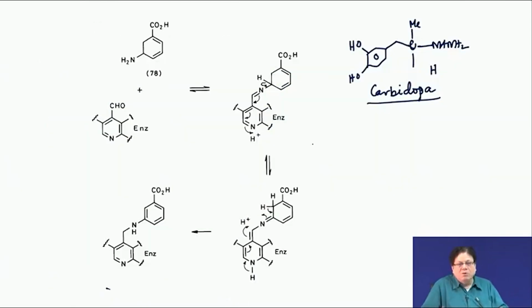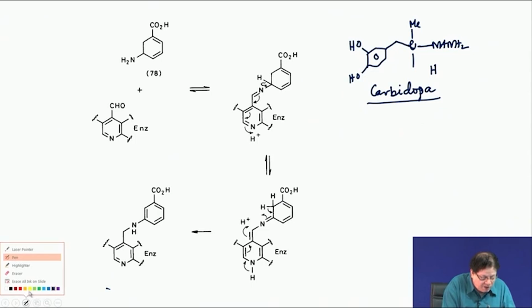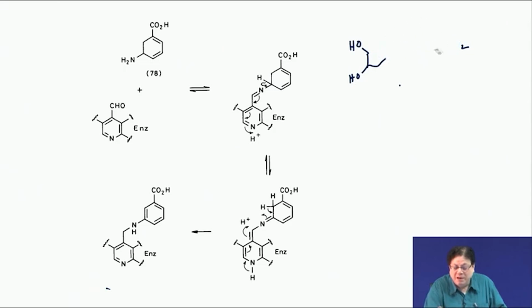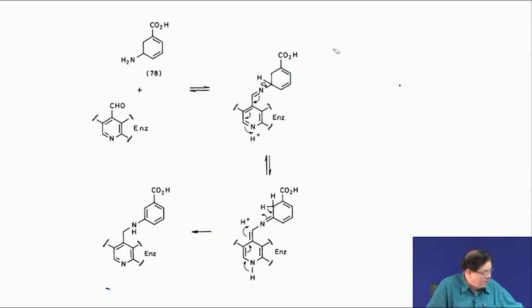Now, let us talk about one more, which we have already mentioned earlier. It came into our discussion when we said that many of the amino acids that are present in the body may not be alpha amino acids, and they are not part of the protein that we make, but they have a distinct function, mainly as neurotransmitters.